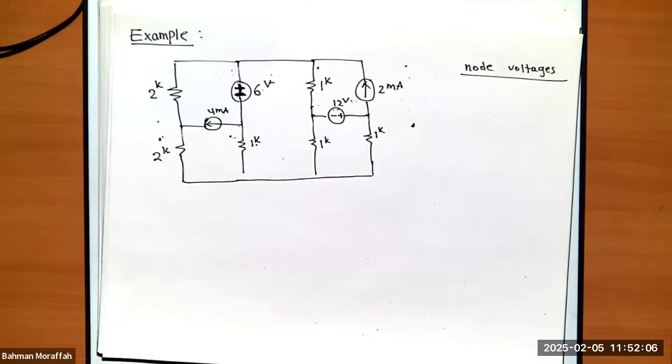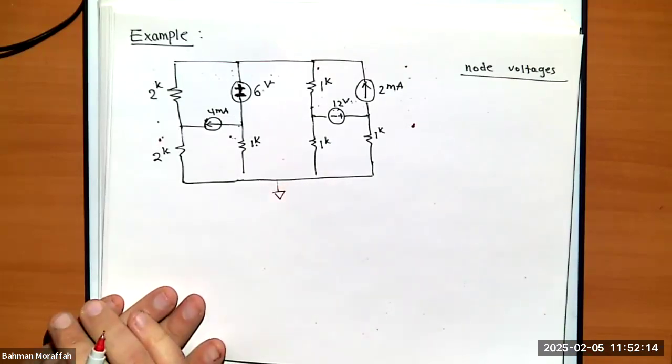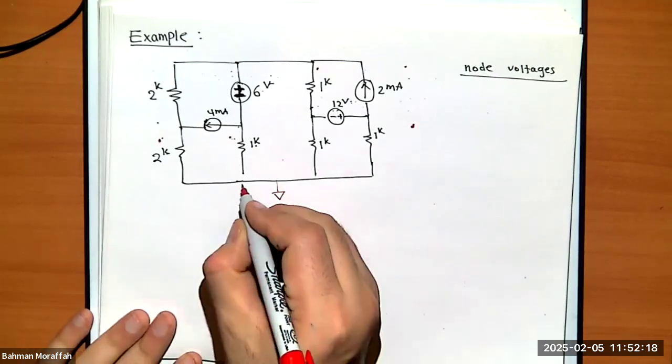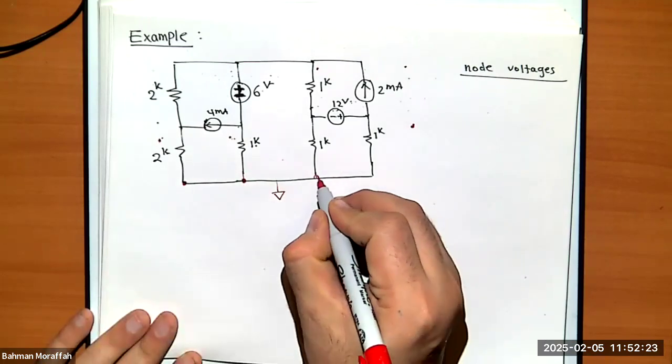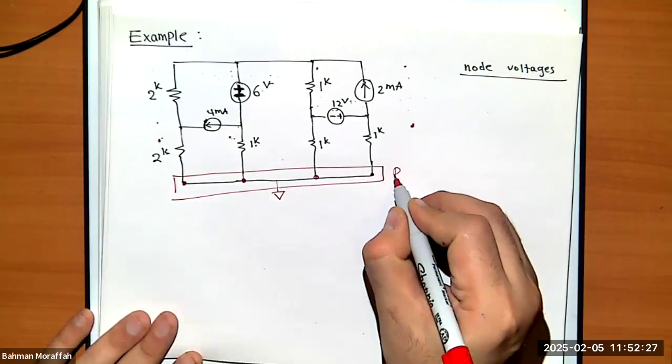I want to do node analysis. The first step is choose a reference. I'm going to choose the one on the bottom. Again, up to me. I can choose whatever I want. I choose this one. Therefore, what I'm saying is that the voltage here is the same as the voltage here, the same as here, the same as here, and they're all 0.